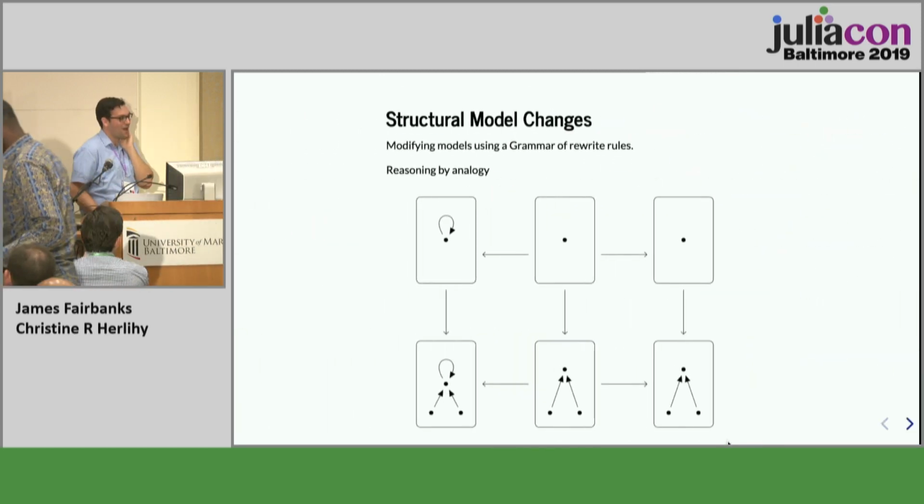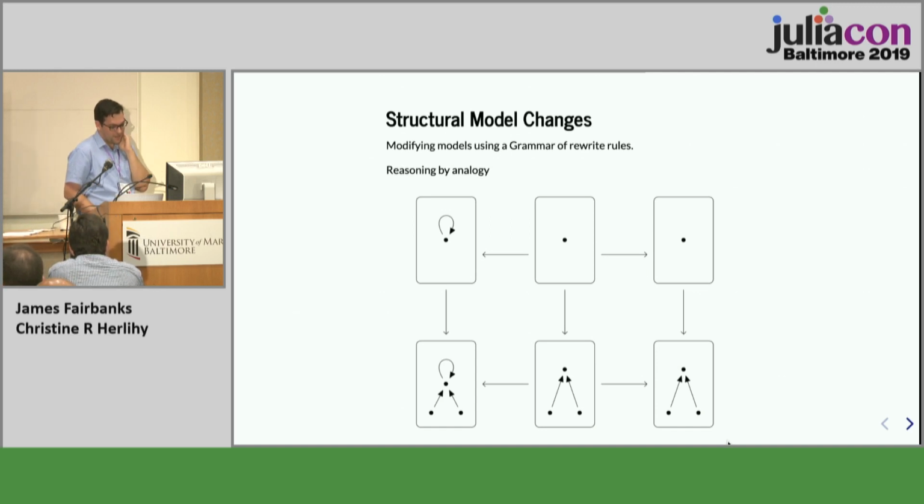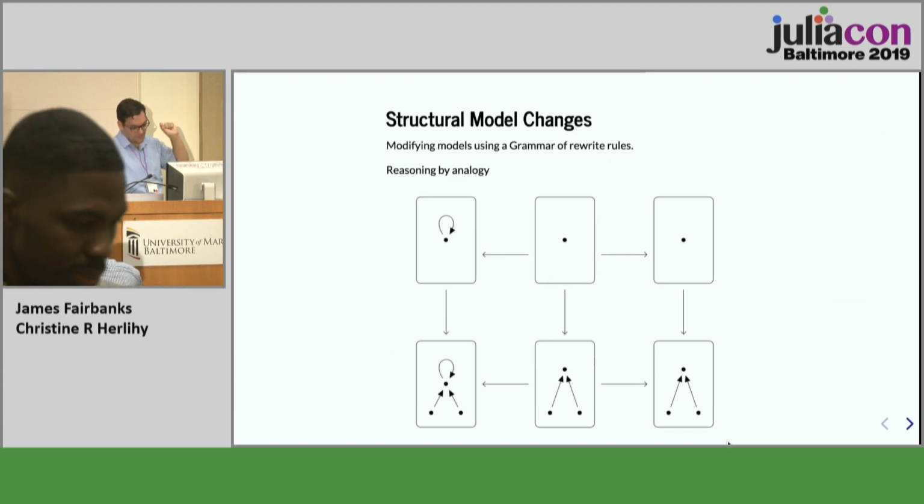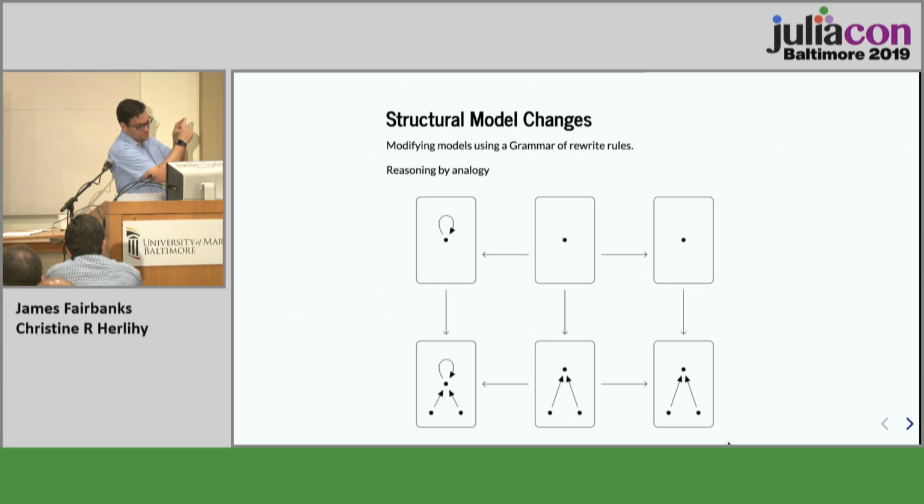Graphs. Yeah. So graph rewriting is one thing. This is the example here. So you say like loop is to single vertex as 2 vertices pointing to loop is to 2 vertices pointing to single vertex, wedge. So that's graph rewriting, and that is for directed graphs, they can be cyclic.